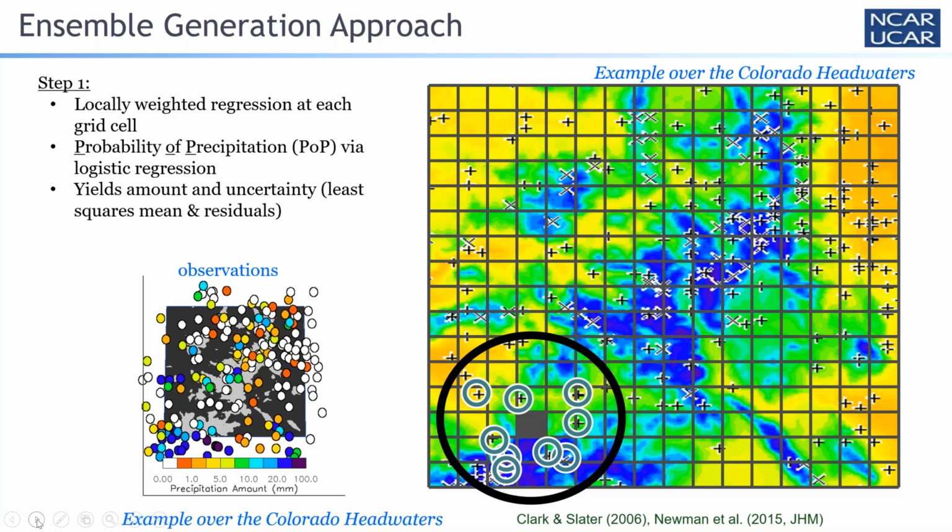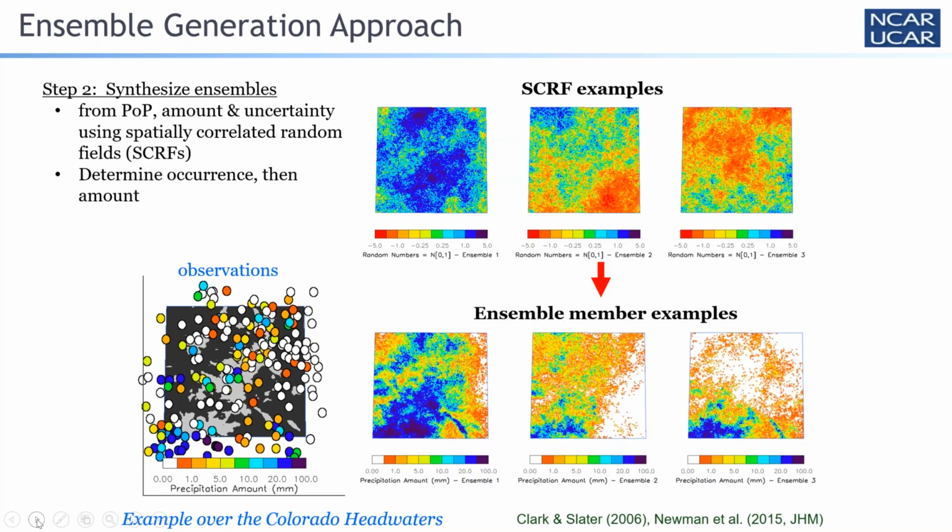And because it's a regression, it provides uncertainty, next slide, from which we can extract ensemble members. Instead of just your typical interpolated data set where you have gridded fields with no real estimate of uncertainty, we now have gridded fields that include, in the form of ensembles, an understanding of how certain or uncertain we are about the data at any particular location.